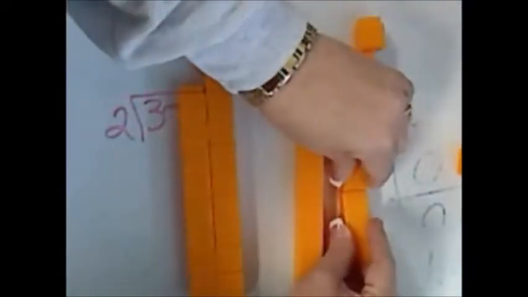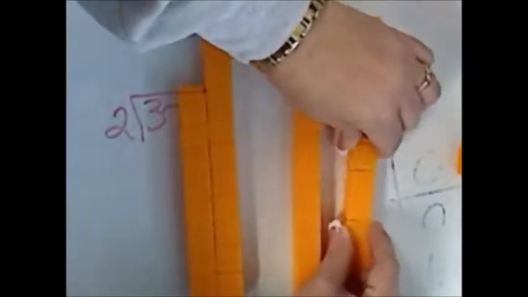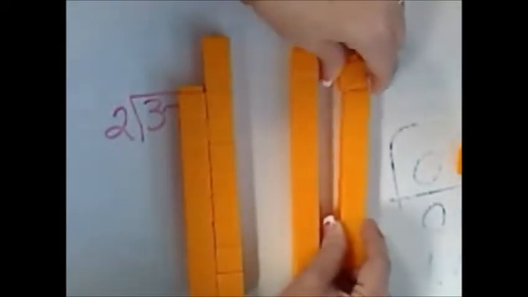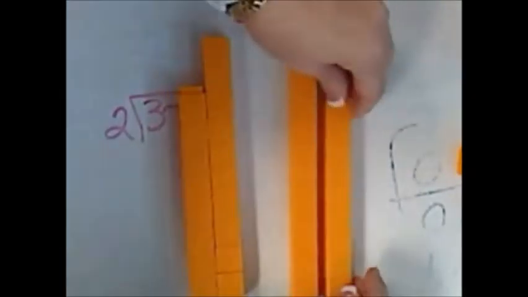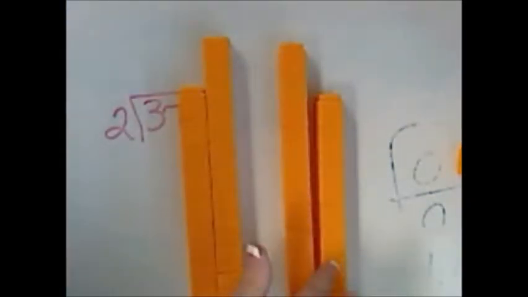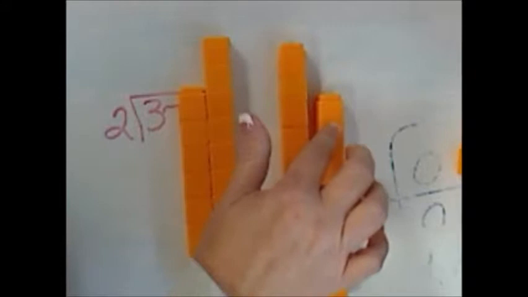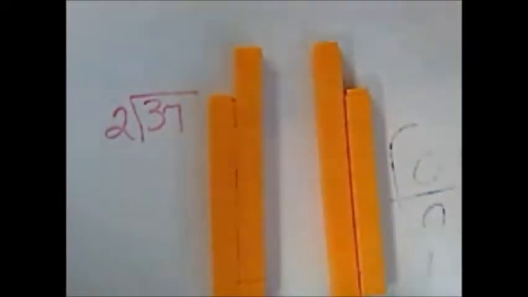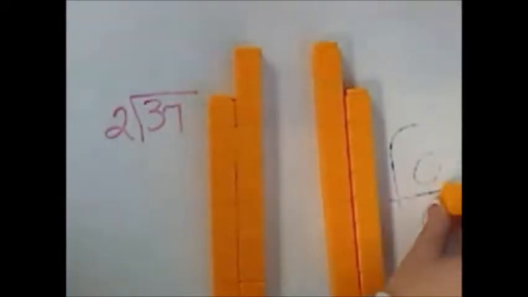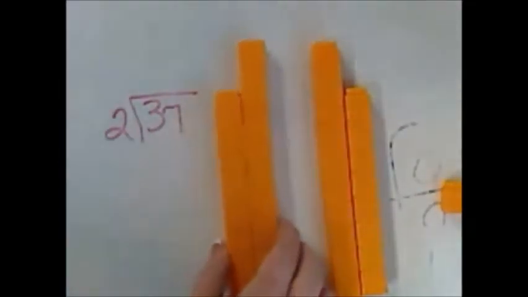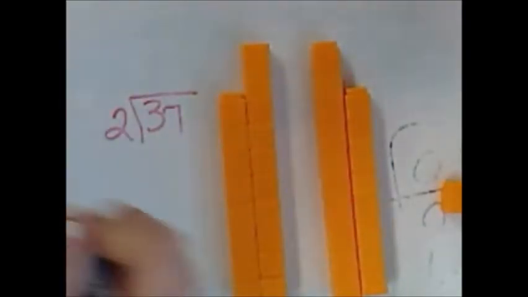This is a different kind of way of doing this, so you have to kind of play with it. Wish I could be magical and put them together really fast, but I can't. Let me count here. I have, again, 10, 11, 12, 13, 14, 15, 16, 17, 18. So I have 2 groups of 18 with 1 left over, right? So 37 can be divided into 2 groups. And how many are in each group?